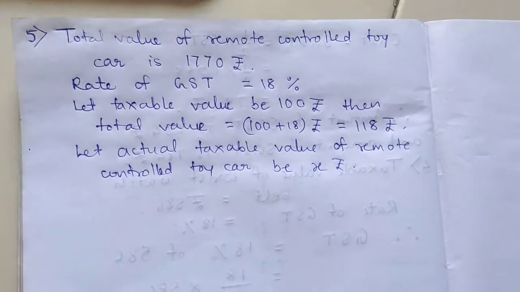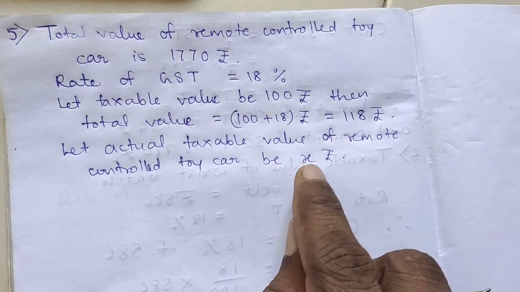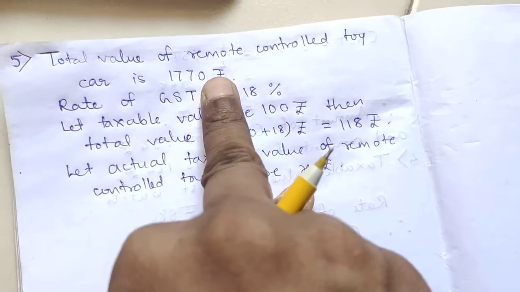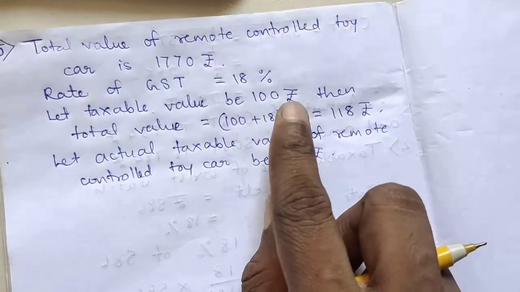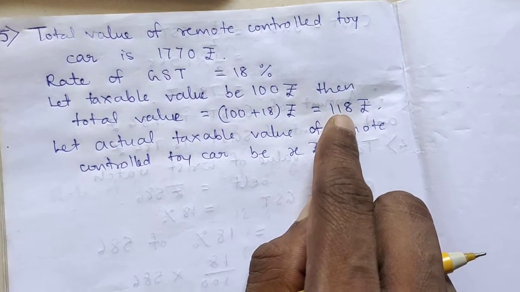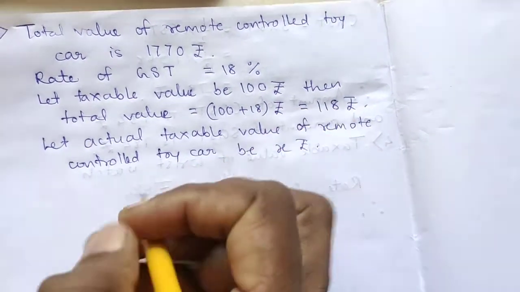Then what will happen? If your taxable value is X, your total value is 1770, and if your taxable value is 100 rupees, then your total value is 118 rupees. So we are going to use this concept to solve it.